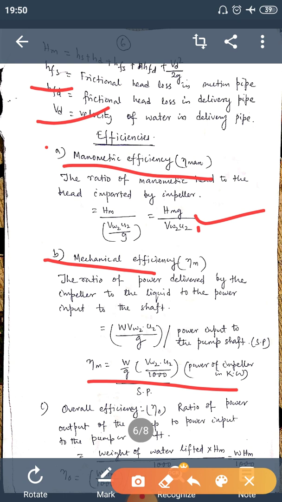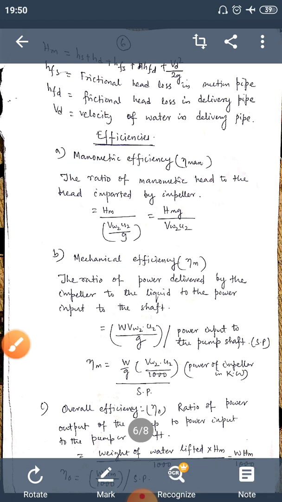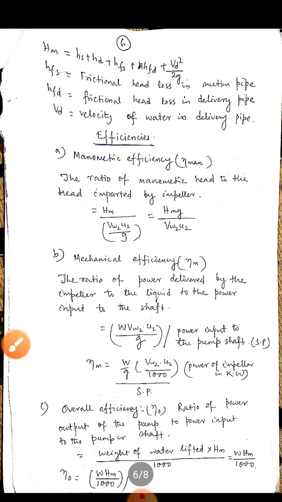Last is your overall efficiency, eta o, the ratio of power output of the pump to the power input to the pump or shaft. That is equal to weight of the water lifted into Hm divided by 1000, that is equal to W Hm by 1000 divided by SP.